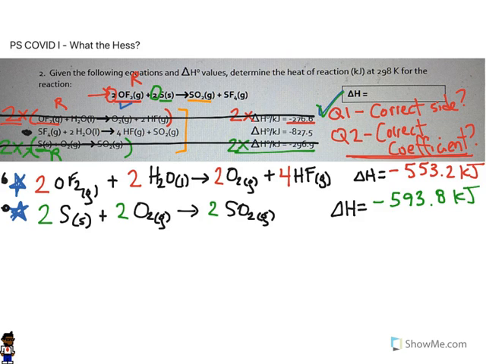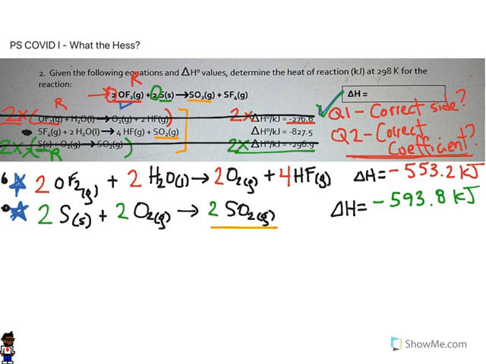So where do we see SO2? We see SO2 right here, and we also see SO2 right here. Okay, now there is another comment or suggestion that I make.